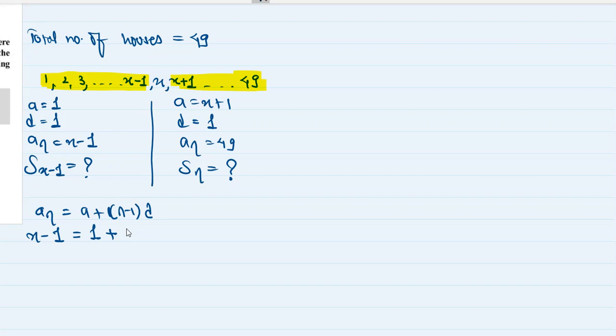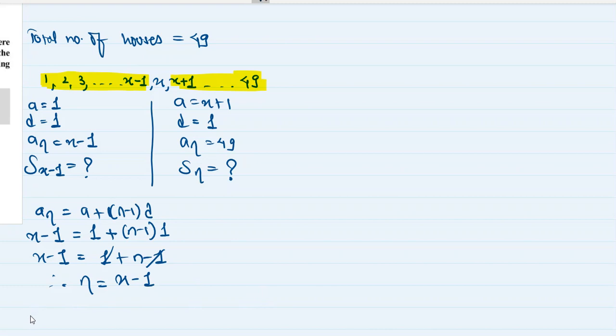We don't know what n is, so we'll not write anything there. What is d? d is 1. So x minus 1 is equal to 1 plus n minus 1. So n is nothing but x minus 1.